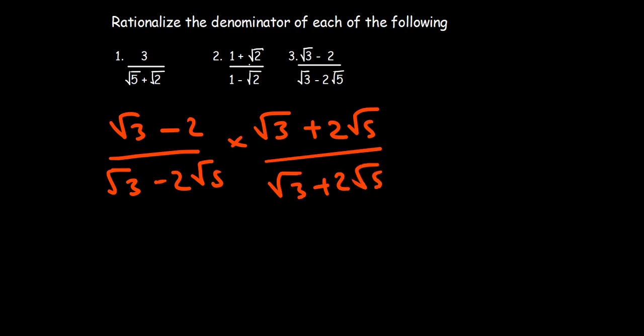That's the conjugate. When you multiply what is on top, you get 3, since root 3 multiplies with root 3 first and the square root cancels out. Then, for the second part, you get 2 root of 3 root of 5.